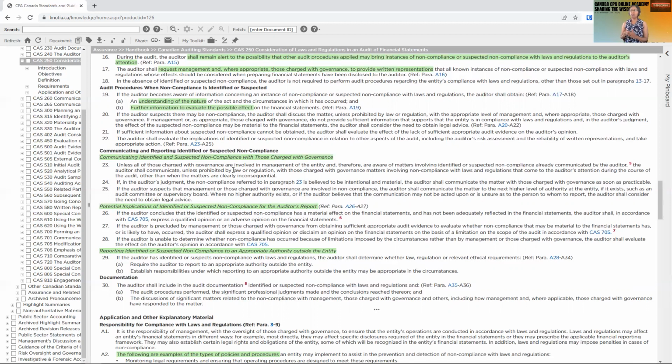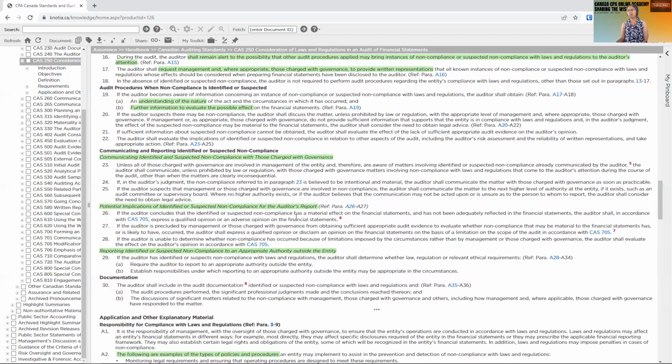But if there are potential implications, like a non-compliance that would lead to a material misstatement, then it would come down to the auditor's judgment of whether it is a significant amount which would qualify as a material misstatement or not, and then your opinion might be qualified.